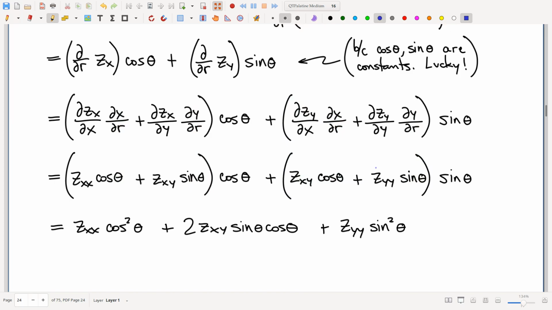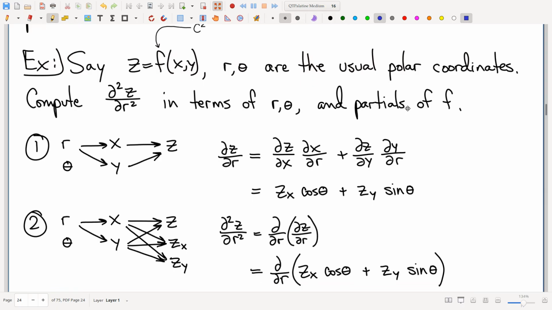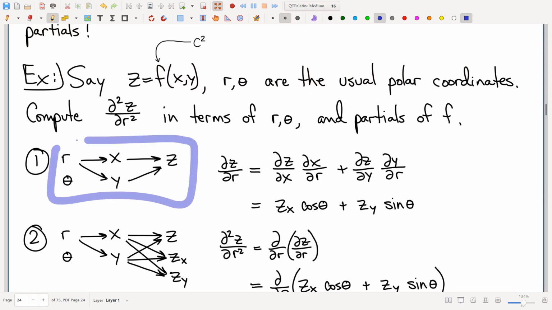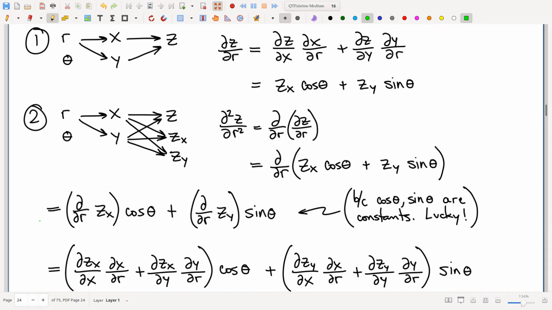All right, so there's a homework exercise y'all are going to do where the setup is the same as this. You're going to start with the same diagram, and the exercise is to do a second partial, but with respect to theta instead of r. And it's pretty similar to what we just did here. The main difference is that when you get down to this stage, this, which came from there, which will have been a theta partial, it won't be cosine theta, and more to the point, it won't be a constant.